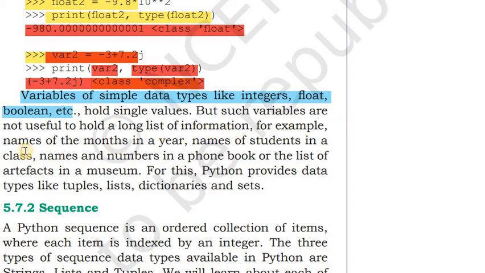For example, names of the months in a year, names of students in a class, names and numbers in a phone book, or the list of artifacts in a museum. For this, Python provides data types like tuples, lists, dictionaries, and sets.